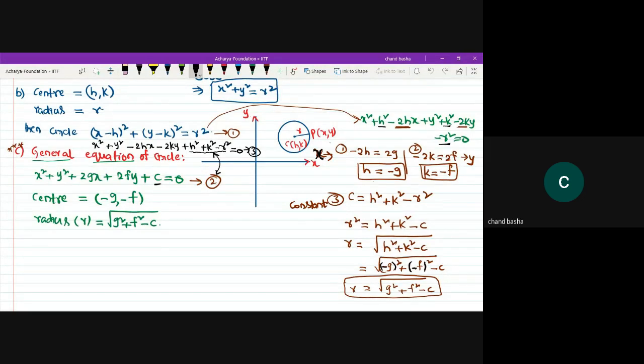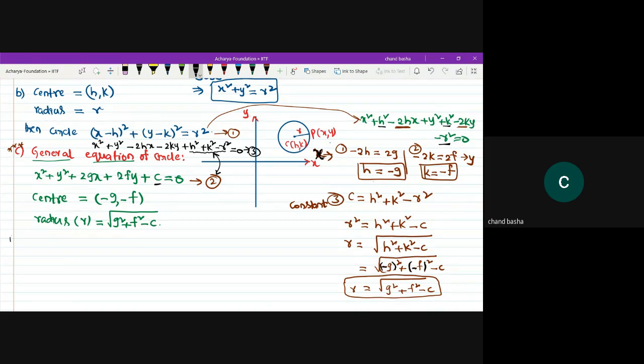And sometimes he will give the center and radius and ask you to find the equation of the circle. At that time, you can expand it and write the given circle equation in general form, because the general form is the required general equation of the circle.